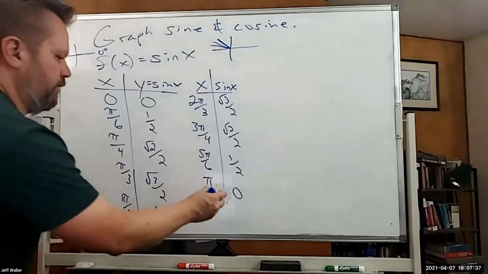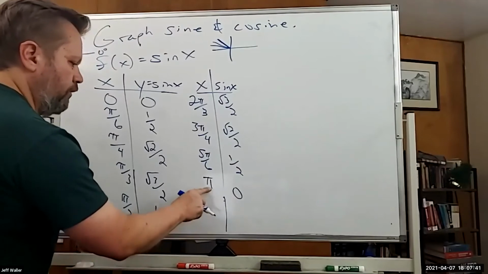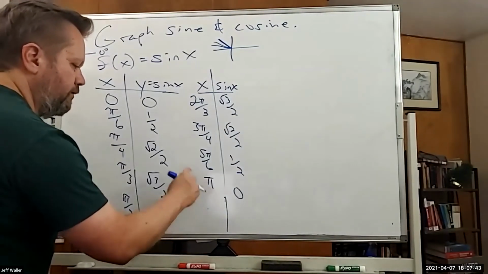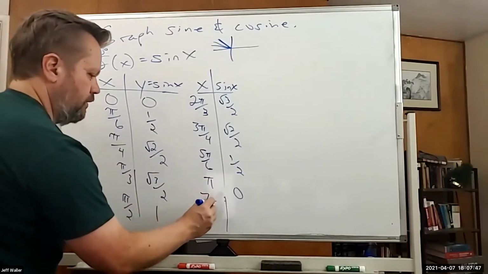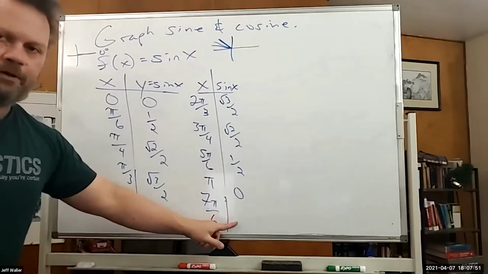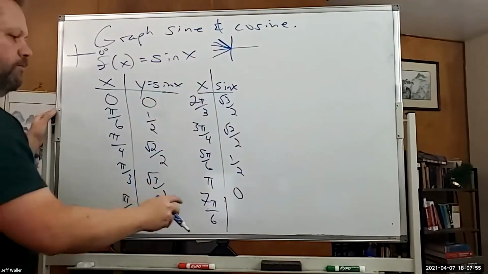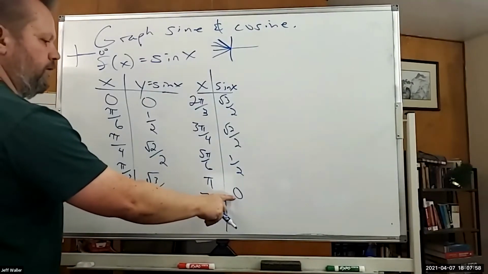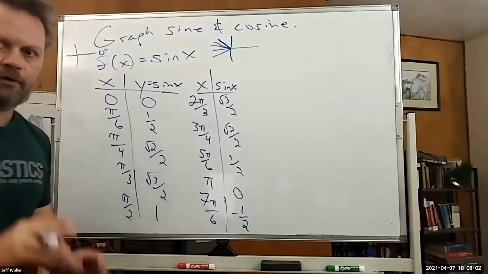What's it going to do at the next? I kind of don't have to keep going. Right after pi, there's going to be 7 pi/6. Yeah. And what's the output going to become for sine when I get down here? From 0, it goes down to -1/2. Okay, let me stop for a minute.